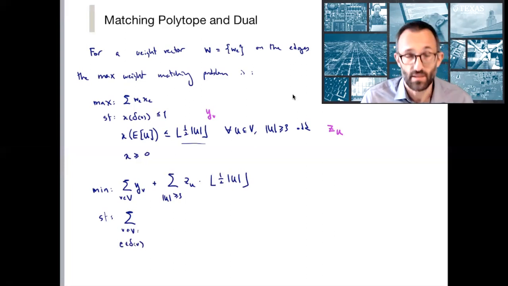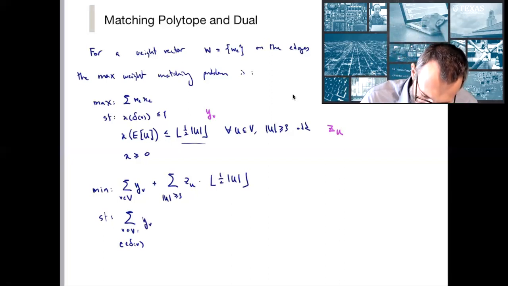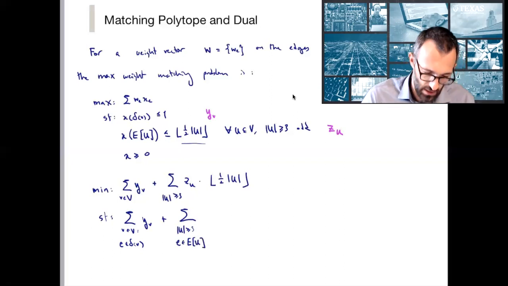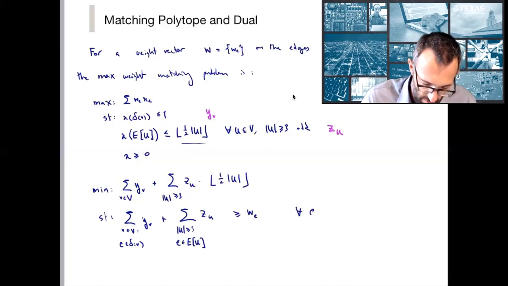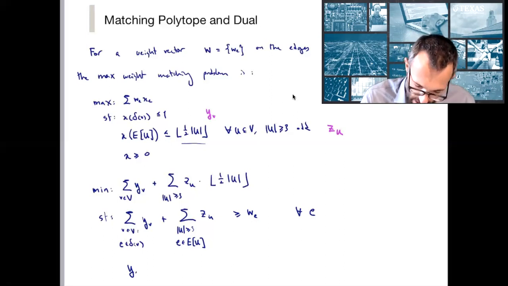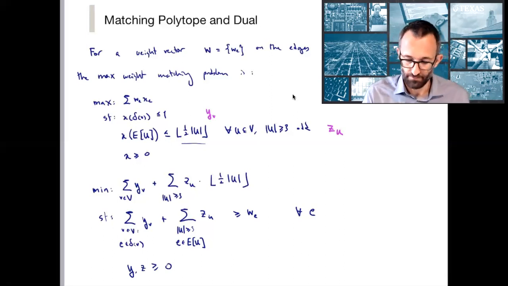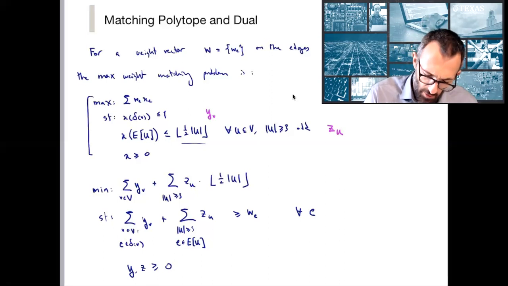This is for a fixed E. The sum over all vertices, the two vertices that are on the edge E, YV plus the sum over all U odd, again greater than 3, and such that E is one of the edges in U, ZU is greater than or equal to WE for all E. And then I also need, because I have inequalities in the constraints in the primal, the Y variables and my Z variables being greater than or equal to 0. So this is a primal, and this is the dual.